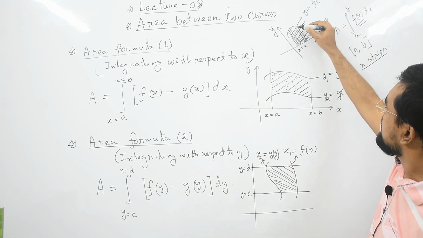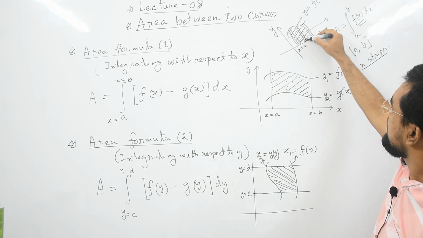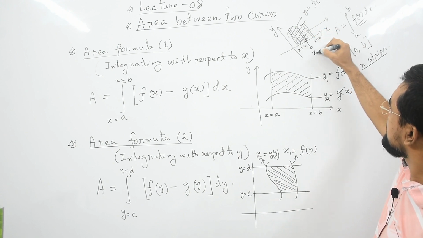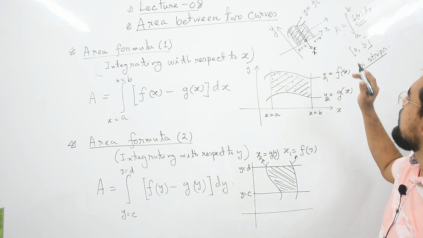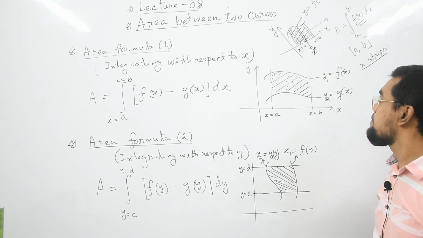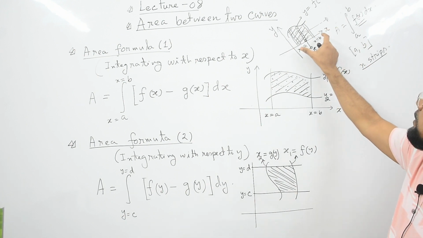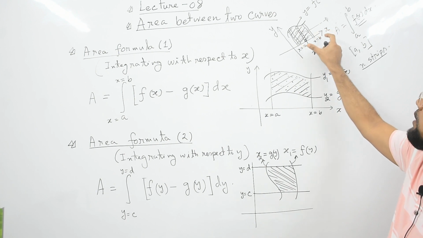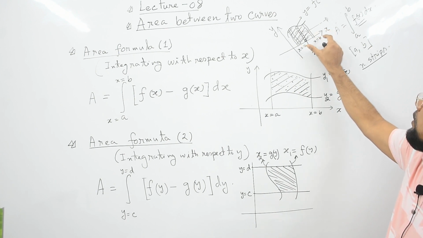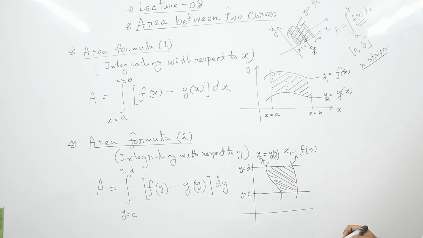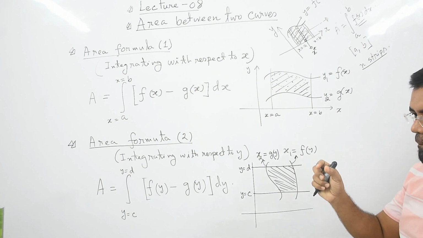So let us consider this small strip at x star. Let's say this is at x star. So at x star, if you divide this region into, let's say, 100 parts, then the interval will be very small.